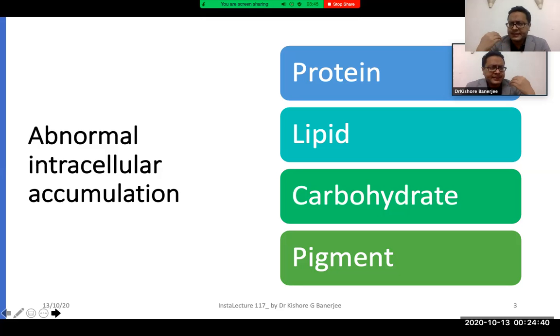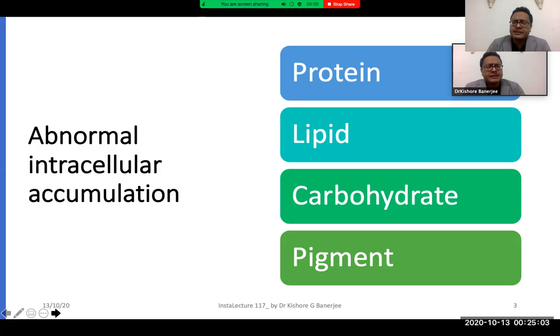I would discuss this in a different InstaLecture, but I would give you a brief overview. In some diseases, there could be abnormal protein accumulation. For example, tau protein accumulation could lead to neurofibrillary tangles in Alzheimer's disease. Alpha-synuclein protein accumulation could lead to Lewy bodies in Parkinson's disease.